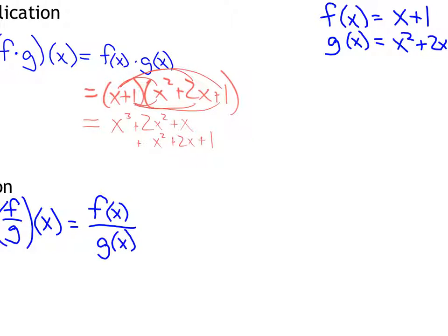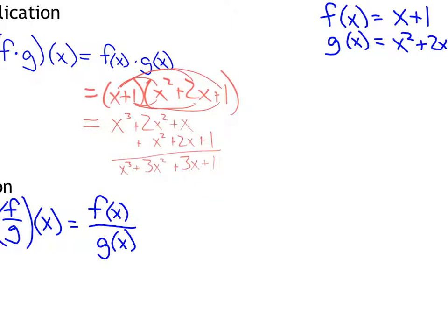They all line up in nice little columns. So that's a nice way of doing it. Now we have x cubed plus 3x squared plus 3x plus 1. Everyone all right with that?